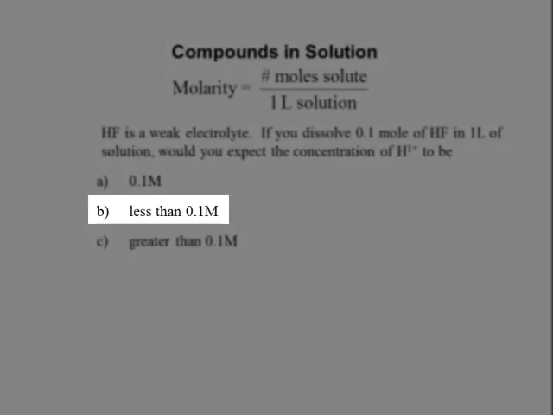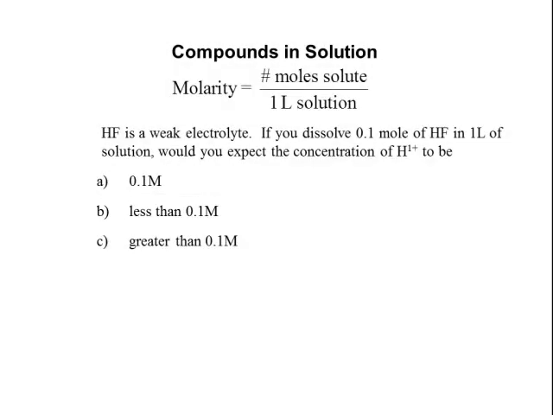Why? Well, because the number of moles of that H+ is going to be smaller than the 0.1 moles of the HF. Okay, so strong electrolyte, those concentrations are going to be the same. Weak electrolyte, because it's not going to completely dissolve, we're going to end up with fewer moles than we'd expect, so it's going to be less than that concentration.